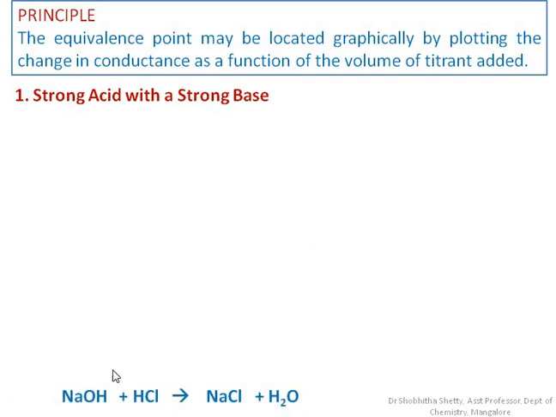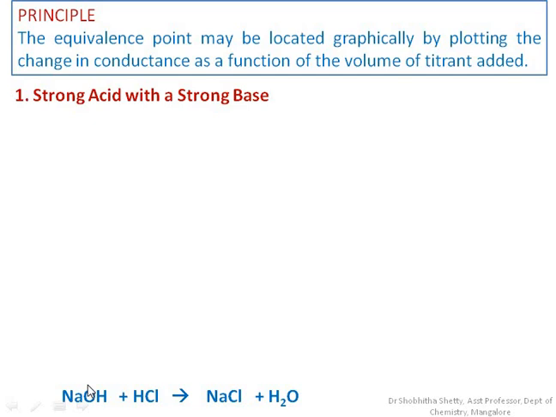We'll be considering the example of titration of sodium hydroxide versus HCl. The acid is the analyte; here the strong acid is HCl, whereas the strong base is sodium hydroxide. We know an acid is always specified by H+ ions, and a base by the hydroxyl anion.